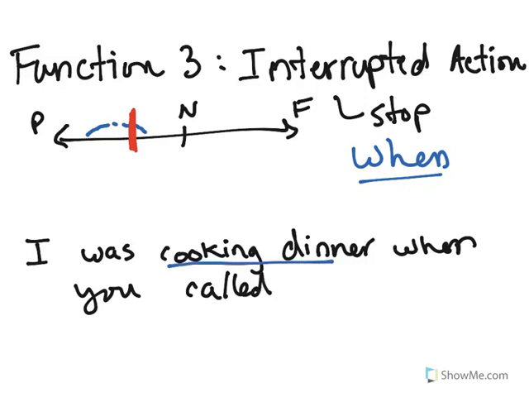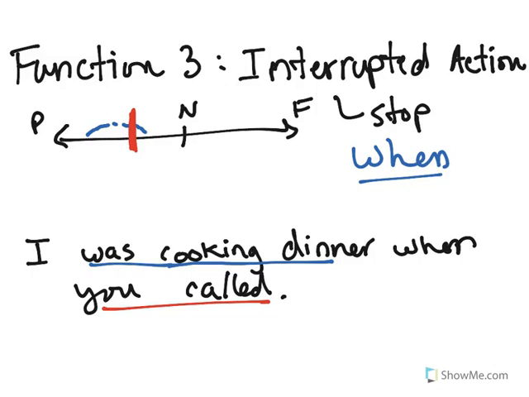So this is the action that's in progress. I was cooking dinner, and then in the middle of that action, you interrupted me. You stopped me with this other action. You'll notice that the action that's ongoing uses past progressive. The interruption action uses simple past tense.